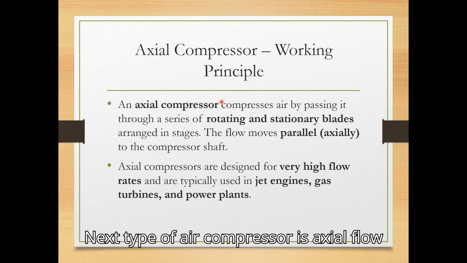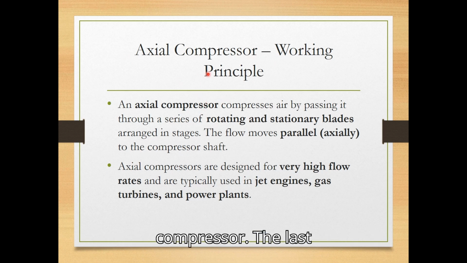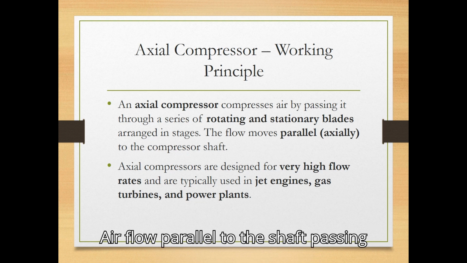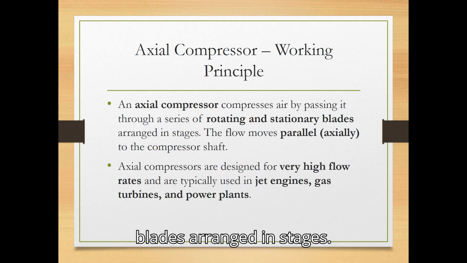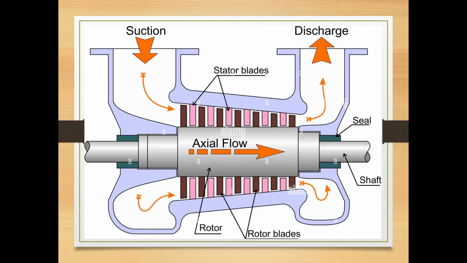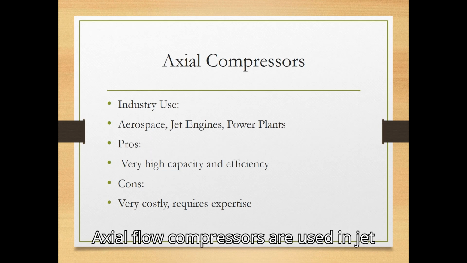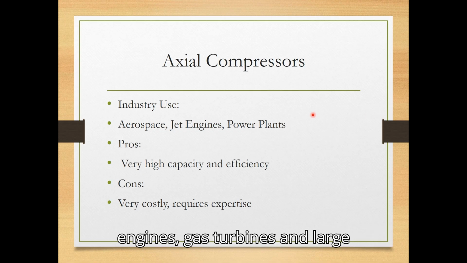The next type of air compressor is the axial flow compressor. The last type is the axial compressor, where airflow is parallel to the shaft, passing through multiple rotating and stationary blades arranged in stages. Axial flow compressors are used in jet engines, gas turbines, and large power plants.